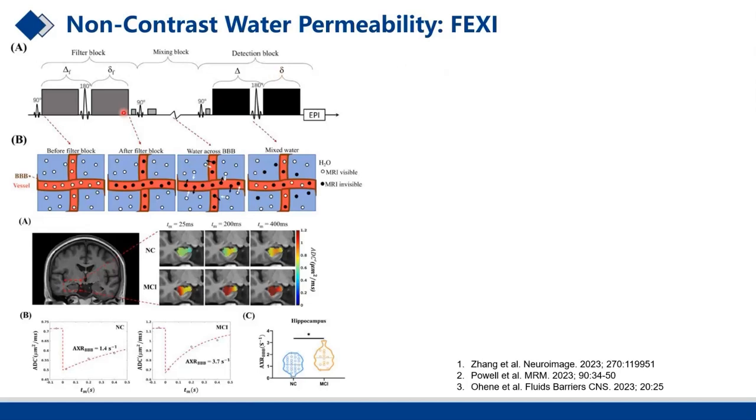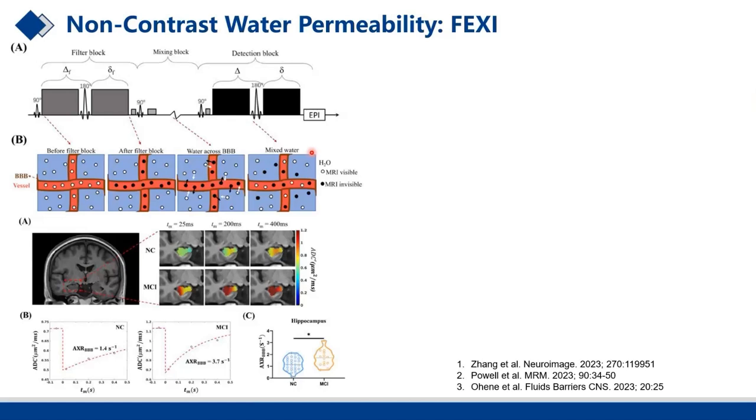The basic idea here is that you first use a diffusion gradient to crush the spins in the blood compartment, wait for a mixing time, and then use another detection block to detect your signal. The signal decrease here is dependent on how fast the water exchange is between the two compartments.